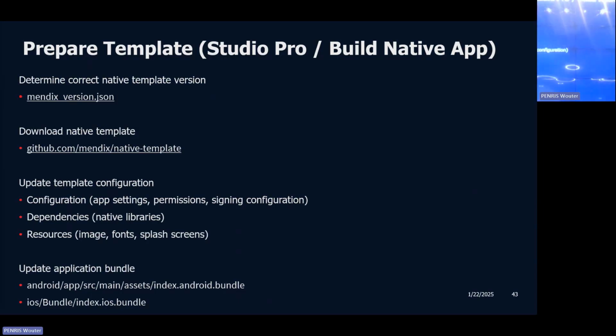Then the template's configuration is updated, and a bunch of settings are written into the template itself. Most of these settings come from the Build Native App tool, where you fill in things like the application identifier, which permissions you need, and other things. But the other thing that is also added here is custom dependencies.